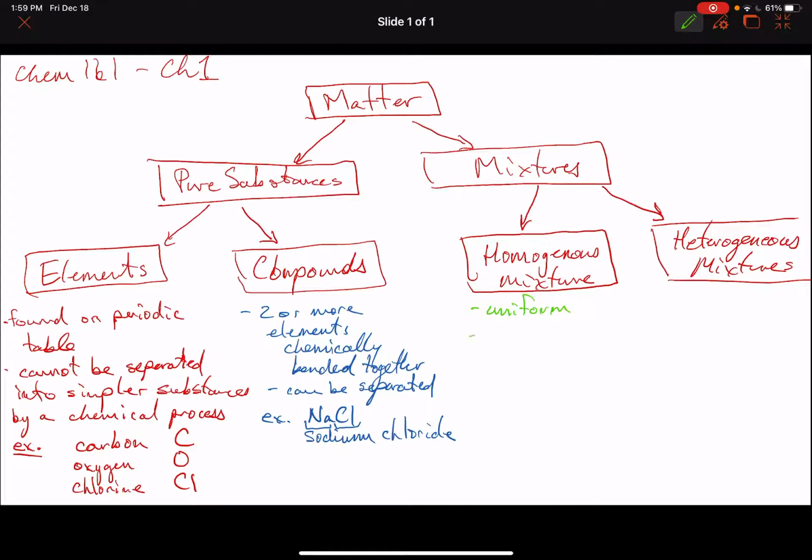And what we'll say is homogeneous mixtures cannot be easily separated. We'll see heterogeneous mixtures can be easily separated.